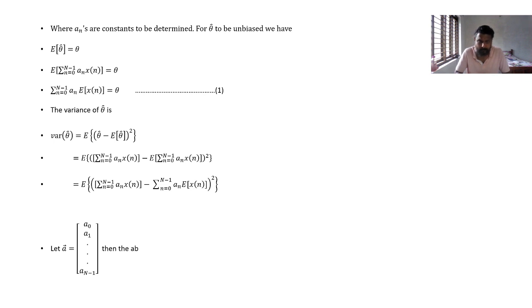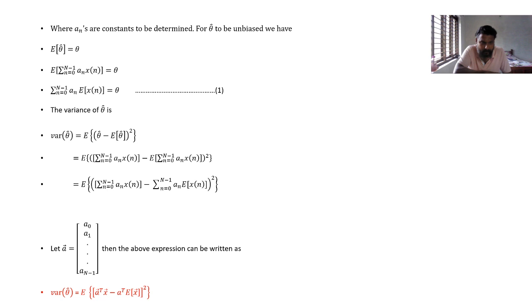The variance of theta cap, which is nothing but the expectation of sigma n equal to 0 to n minus 1 a_n x of n minus sigma n equal to 0 to n minus 1 a_n into expectation of x of n, the square, can be rewritten as the expectation of A transpose x minus A transpose expectation of x, the whole square. Why have I taken A transpose?